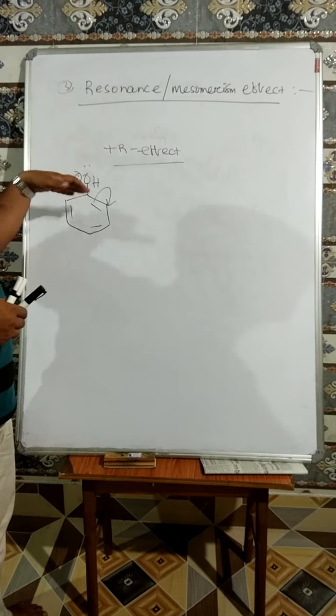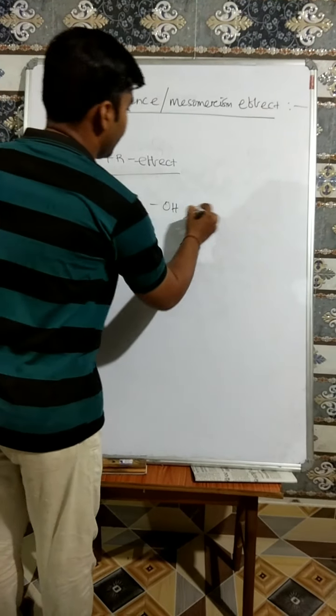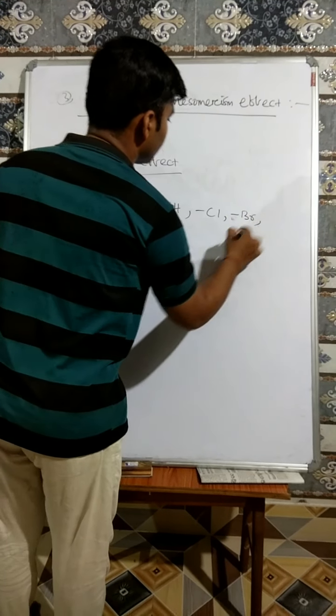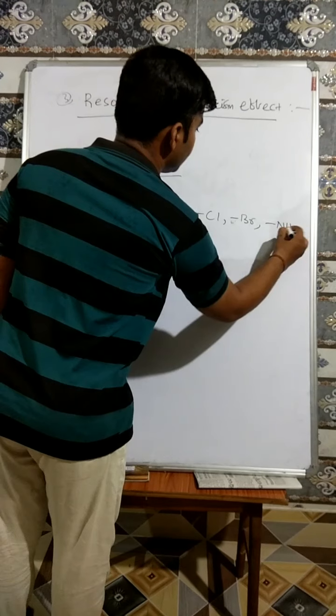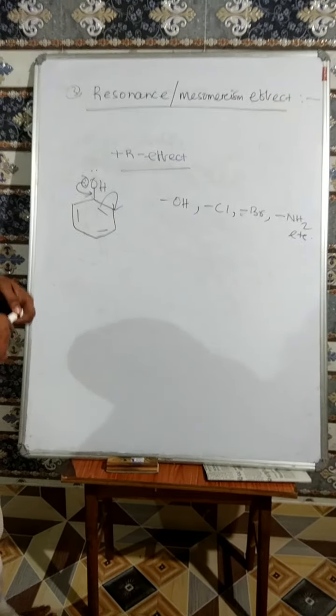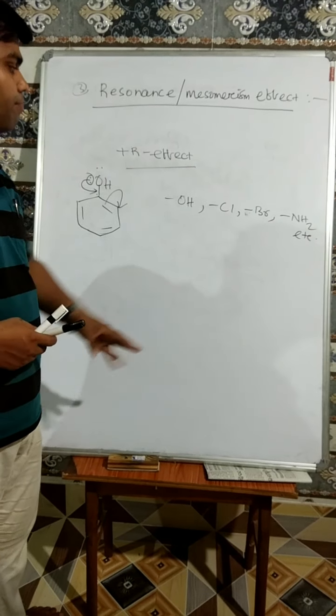So what are these groups? You say hydroxyl groups, chlorine, bromine, NH2 group, etc. These groups have an ability to donate the unshared pair of electrons to the conjugated pi system.